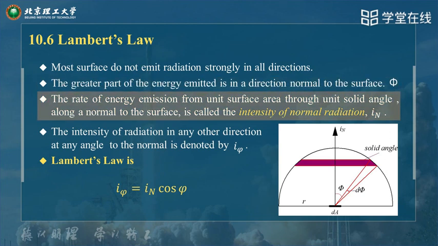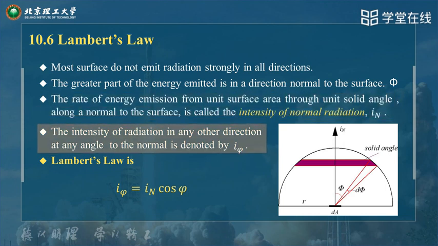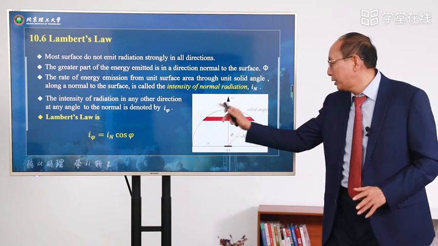So the rate of energy emission from unit surface area through unit solid angle, why do we use the solid angle here? Because the surface emits its energy into half space, in any direction, but the normal direction is biggest. So the emitted intensity of radiation in any other direction at any angle to the normal is like this.